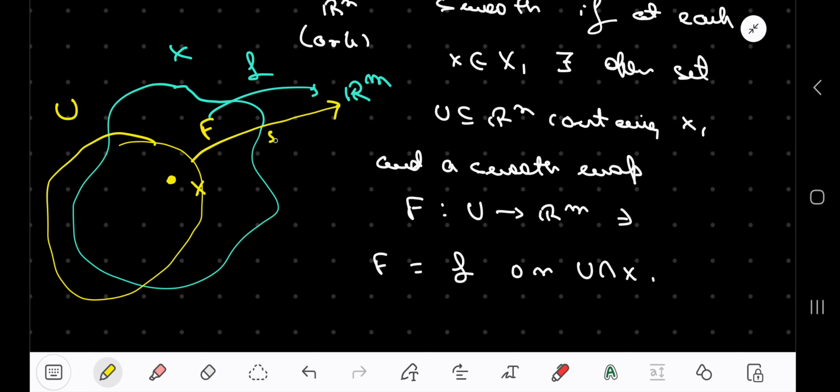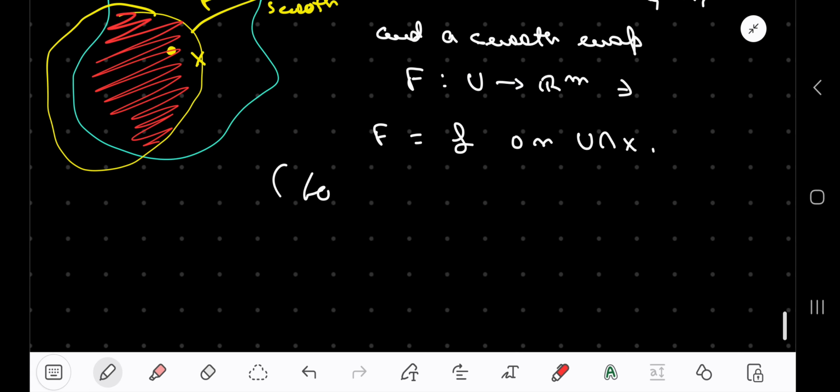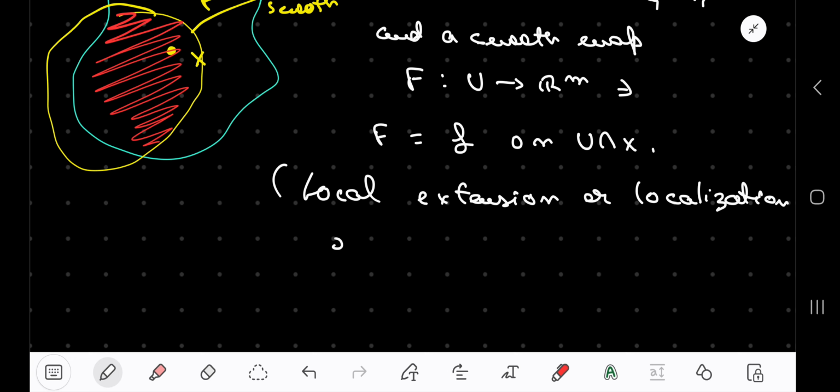So capital F is smooth, and capital F and small f are the same on this intersection. Fine. This is the notion of what we call a local extension, or in more layman's terms, localization of maps.